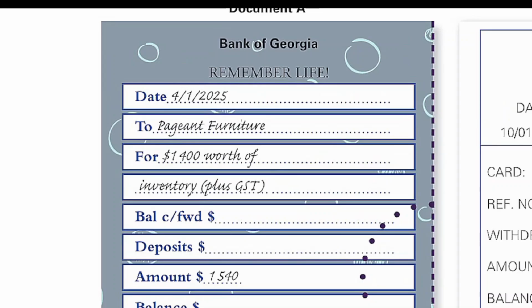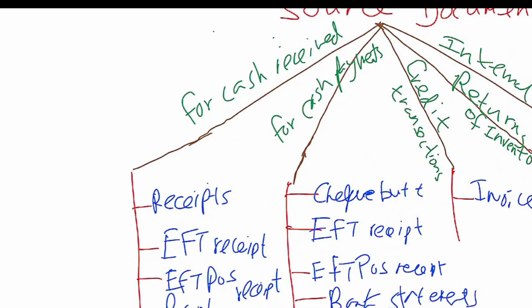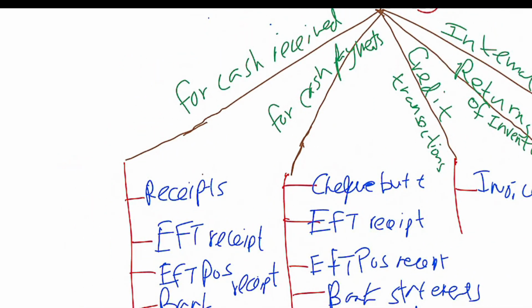Because a cheque butt is a source document used for cash payments, so then you know for sure it's a cash payment. What if you received an EFT receipt or something like that? That is used for both cash received and payment. Then how would you figure out whether it's a cash receipt or a payment? By looking at the business name, that's it.